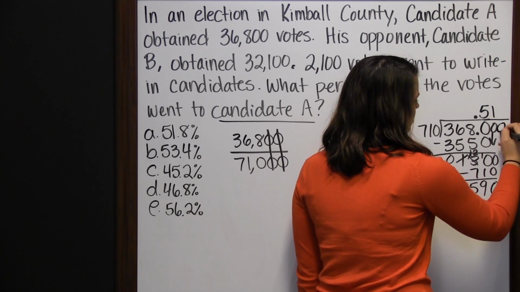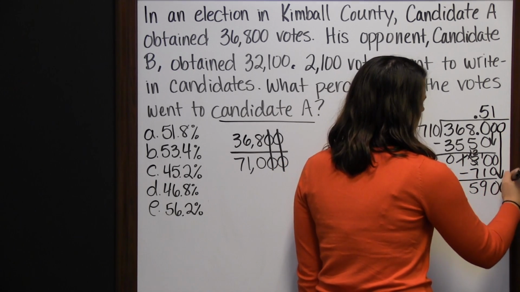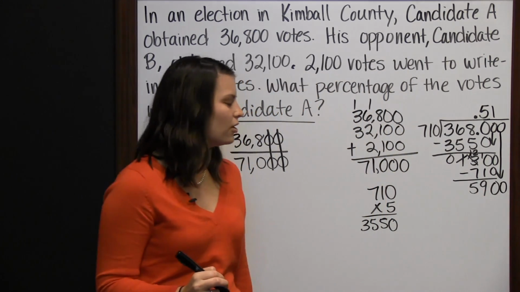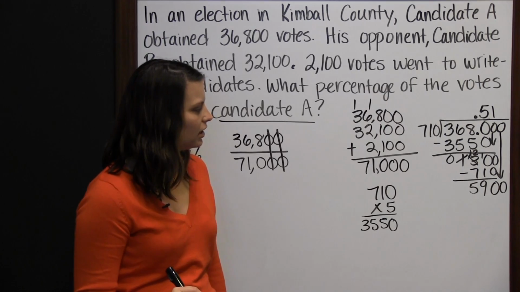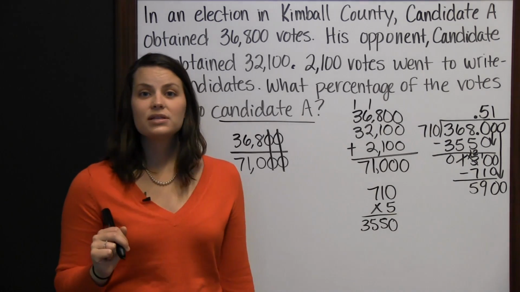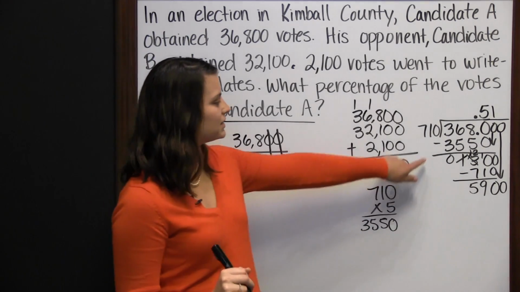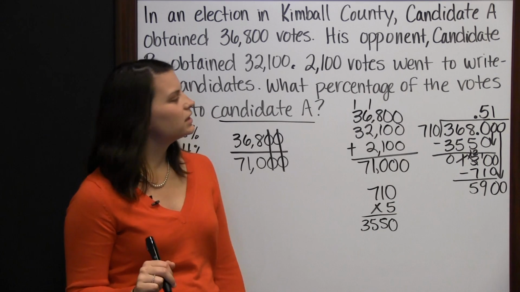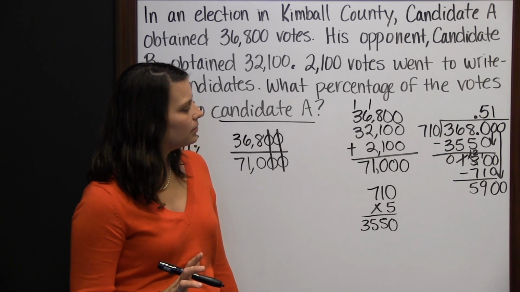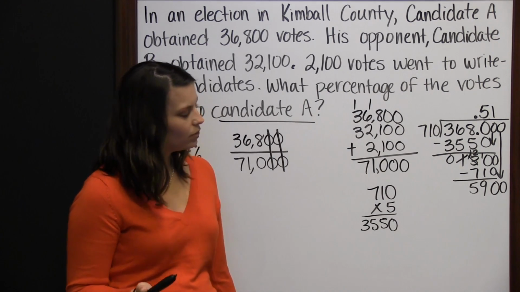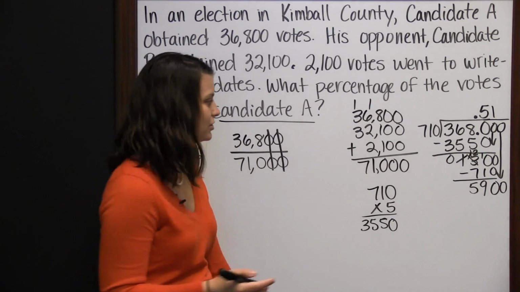So we need to add another 0 and bring it down. So now we need to know how many times 710 goes into 5,900. So I'm again going to use that compatible number of 700. So let's see, 700 times 8 would be 5,600.